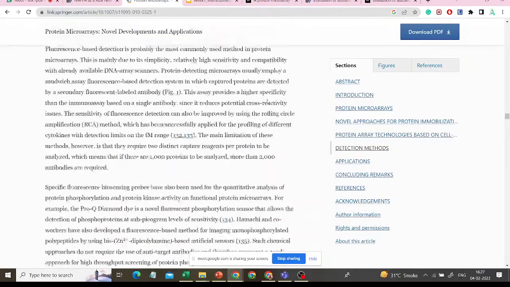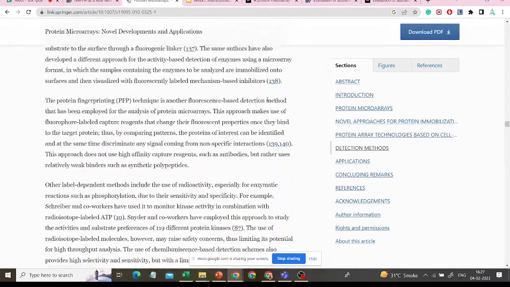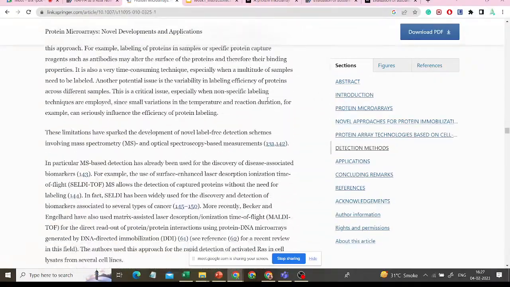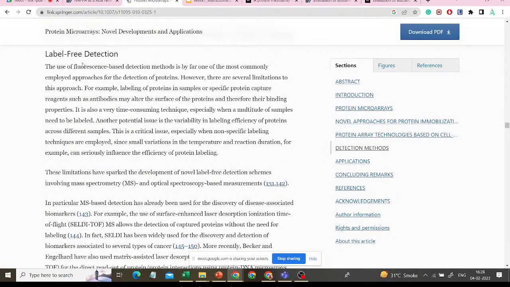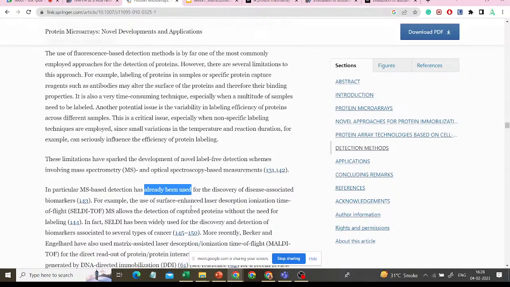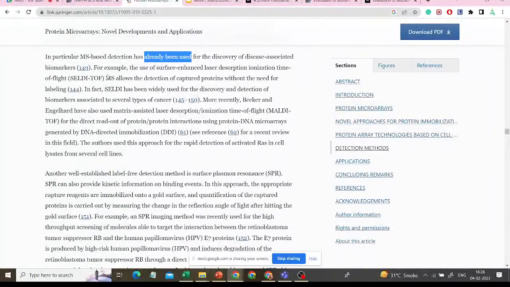And then your detection, label-free detection. Here you can go through MS-based detection, the cell-D of MS and cell-D, and the matrix, as I have told you about different ionization techniques and about the mass analyzers.